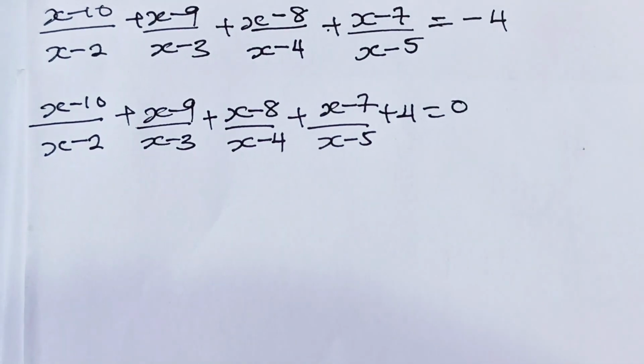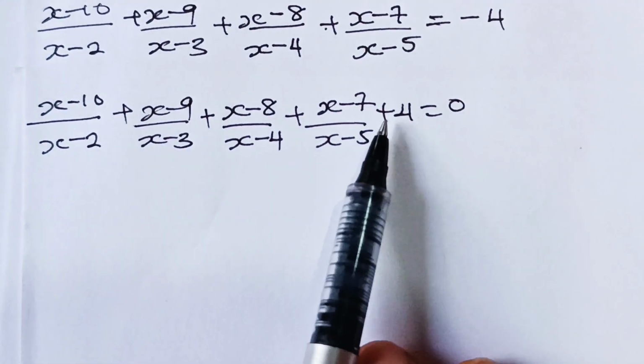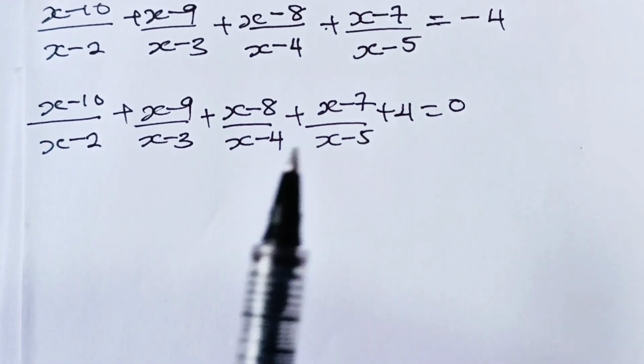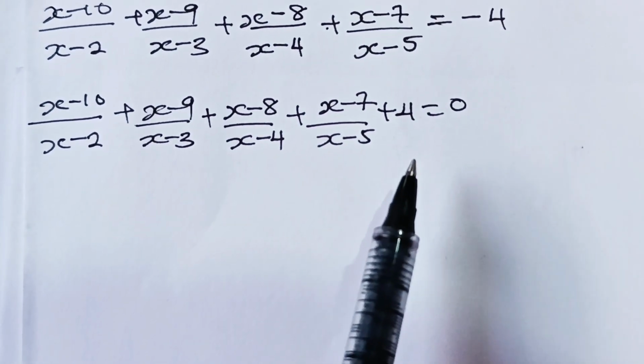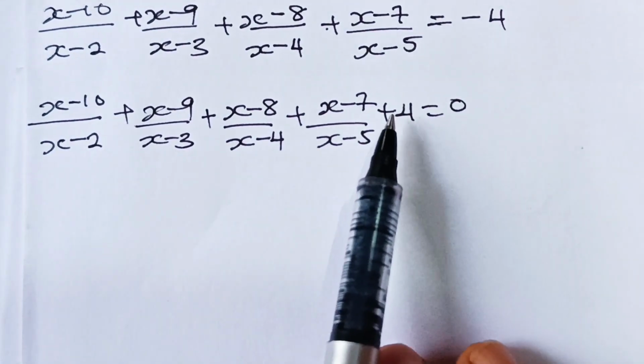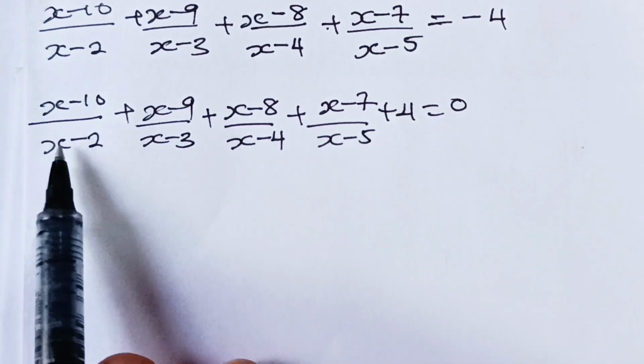All right, let's continue. Now, note that 4 is the same thing as 1 plus 1 plus 1 plus 1, so I can distribute those ones for each of these terms.